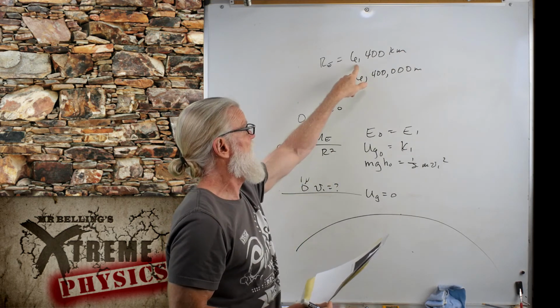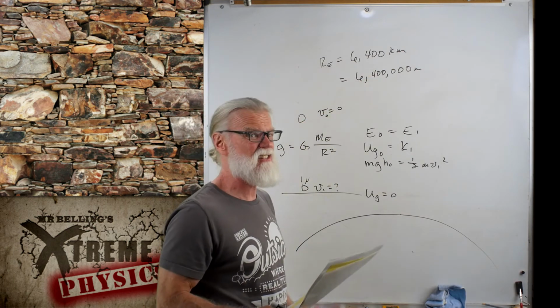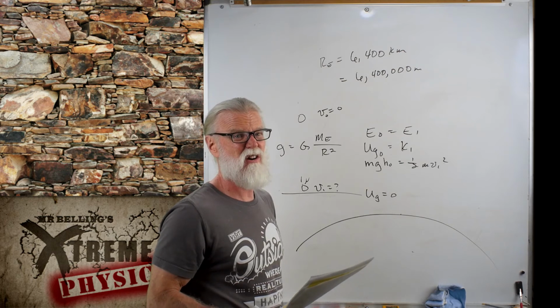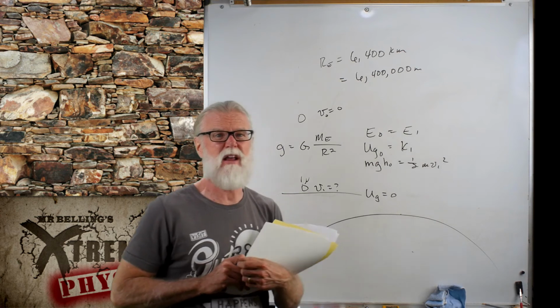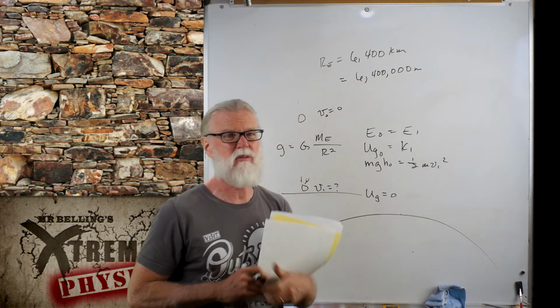If you add 8,000 meters to that, it doesn't change it significantly. So although technically the g on the top of Mount Everest is less, it's not worth mentioning, right?